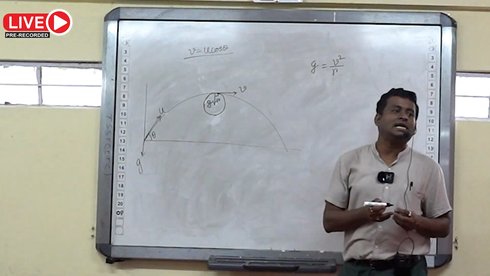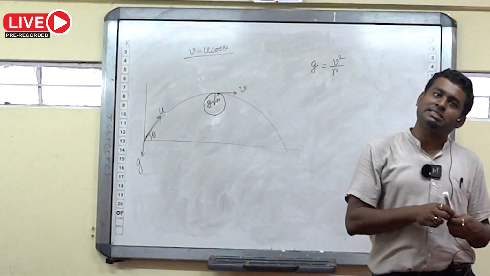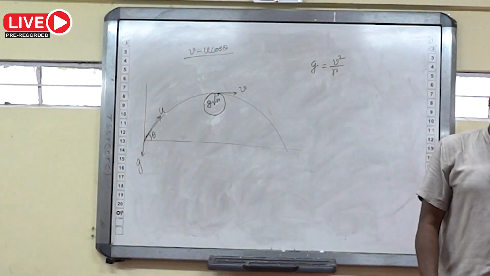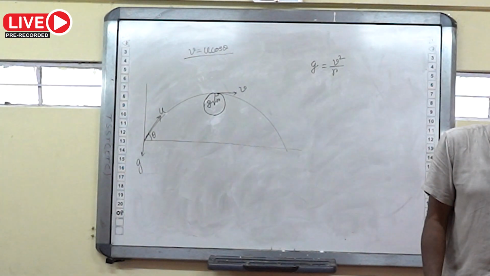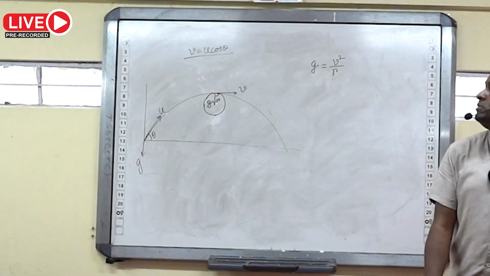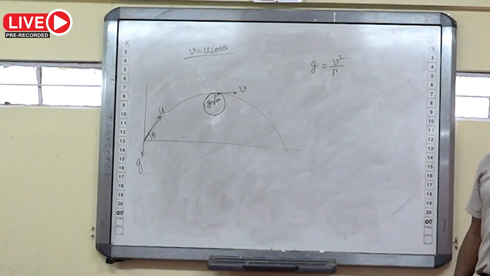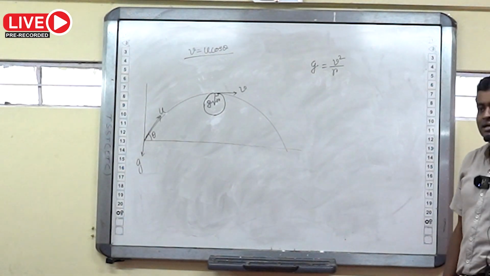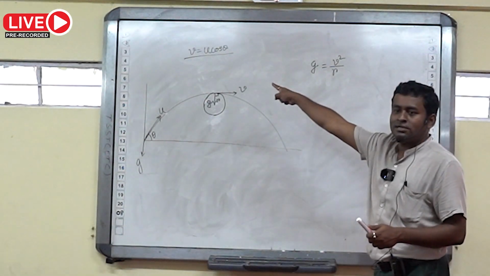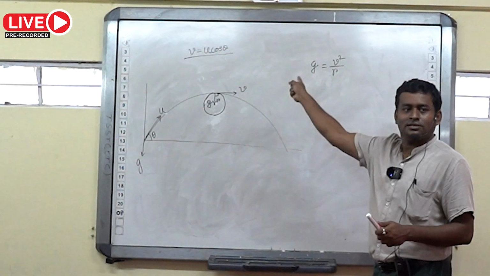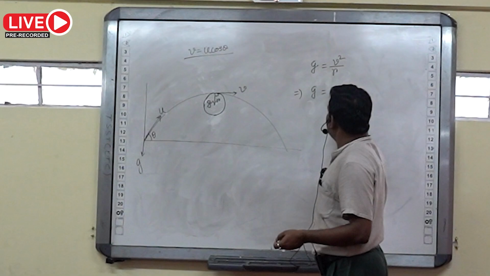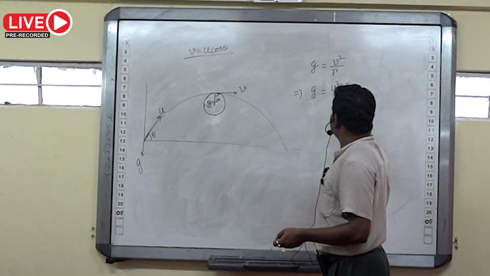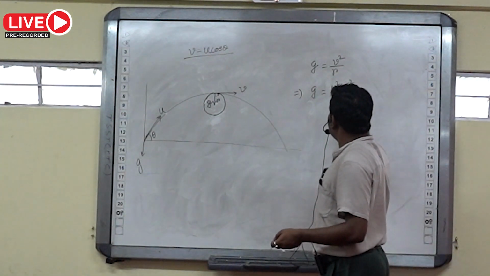Here the acceleration due to gravity is towards the center of the circle, so gravity is behaving like centripetal acceleration. So we write g equal to V square by r. Now what is V? Put it in. So g will be equal to u square cos square theta by r.